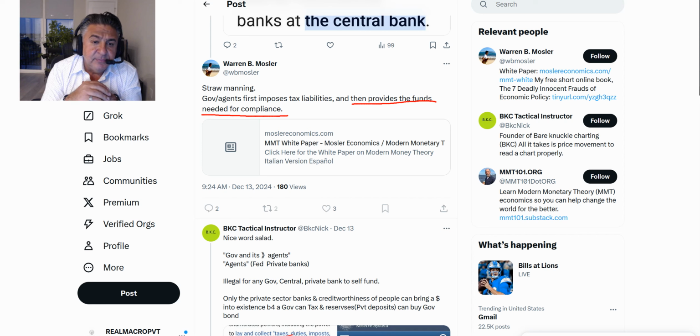Doesn't exist. Okay. So how does the dollar come into existence? Hmm, that's interesting, right? So you cannot tax something that doesn't exist unless the government just willy-nilly passes it out, right? You can't tax something that doesn't exist. All right. So the whole thing doesn't make sense.